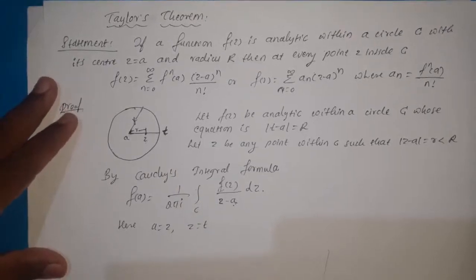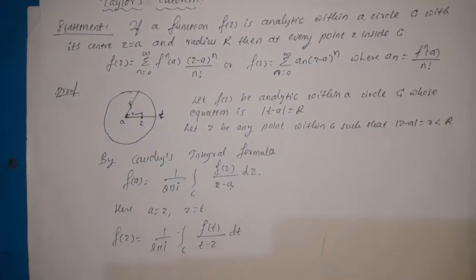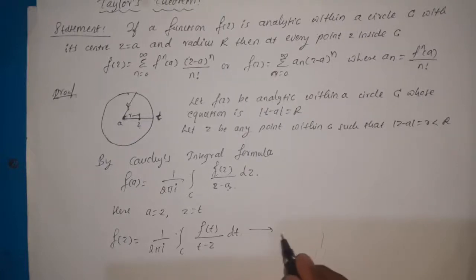So now we got f of z is equal to 1 by 2 pi i integration over c of f of t divided by t minus z dt. Here we have substituted a equal to z, z equal to t, so that f of z dz becomes f of t dt. This is the Cauchy's integral formula for the given circle. Consider this as equation number 1.